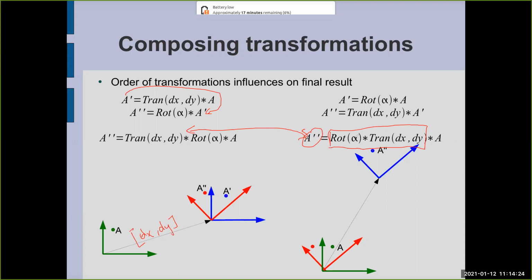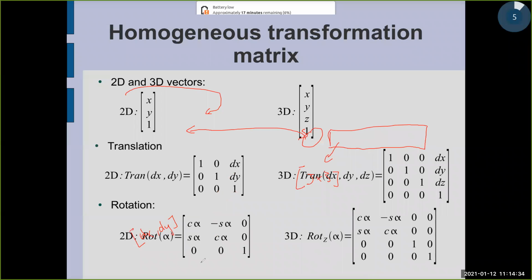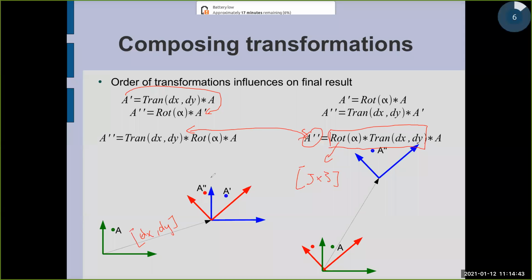Rotation alpha, in the two-dimensional case, is a matrix of 3 by 3 elements, and it looks like this. The translation is also a matrix of 3 by 3 elements, and it looks like this.